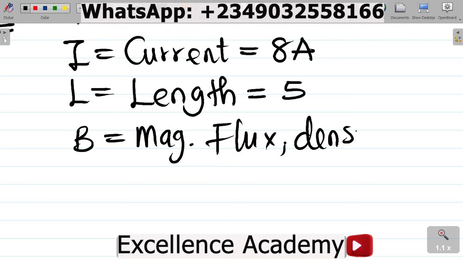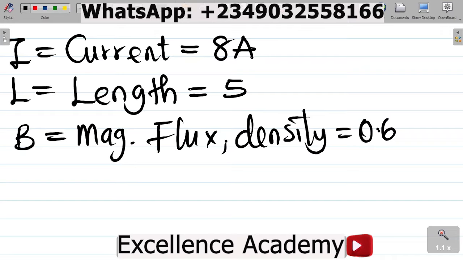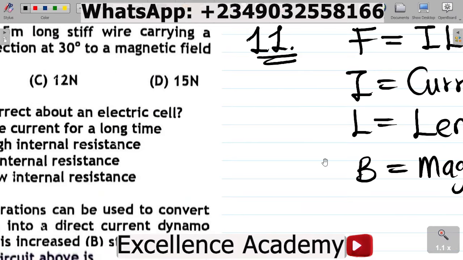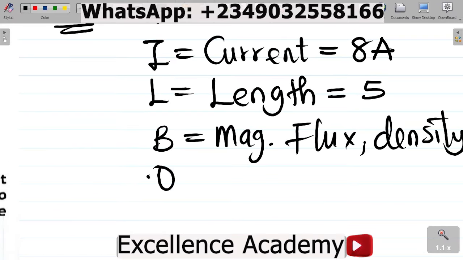It's measured in Tesla. And then the angle theta is 30 degrees.